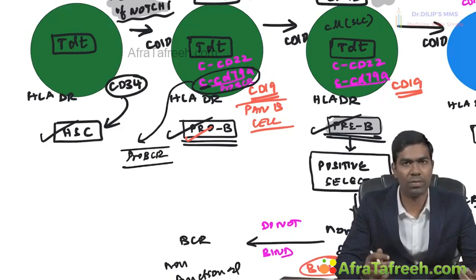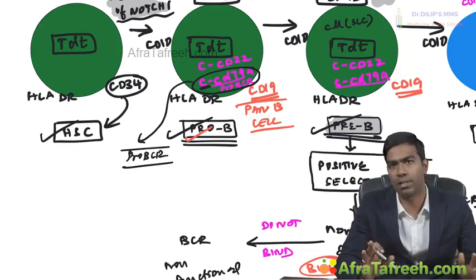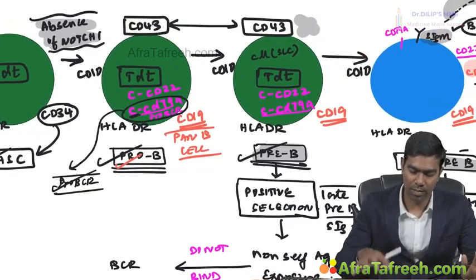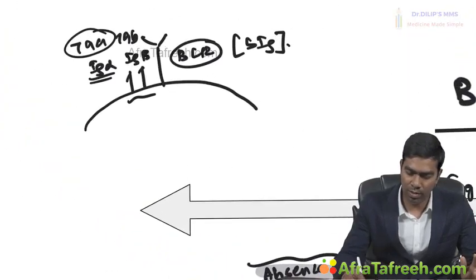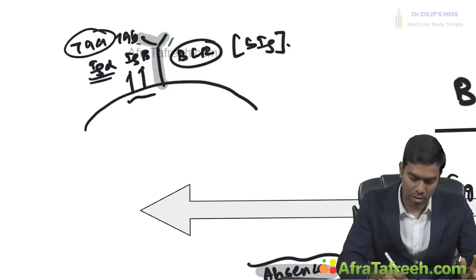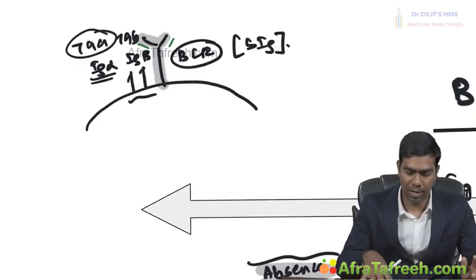This is what we refer to as, only the complementary receptors will be seen here. The surface immunoglobulin will not be expressed at the pro B cell stage, that's why this is called a pro B cell receptor. And I told you, in an immunoglobulin you have two heavy chains, and you have two light chains also, isn't it?